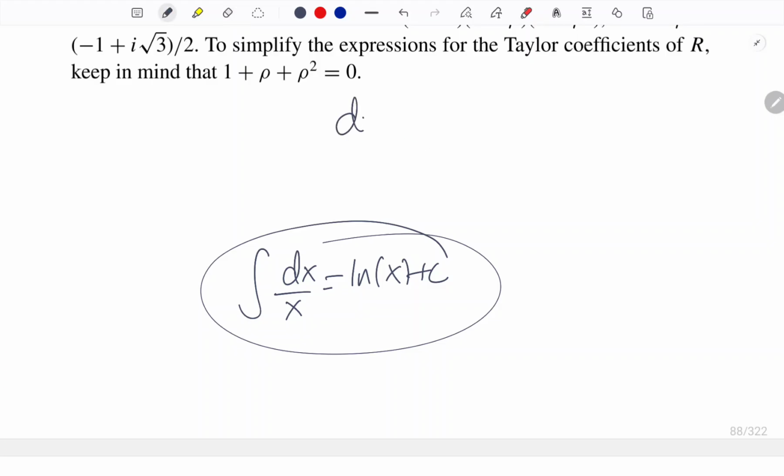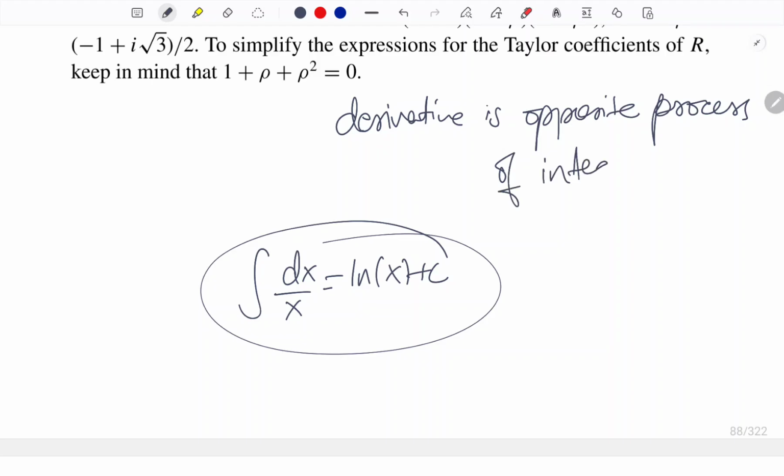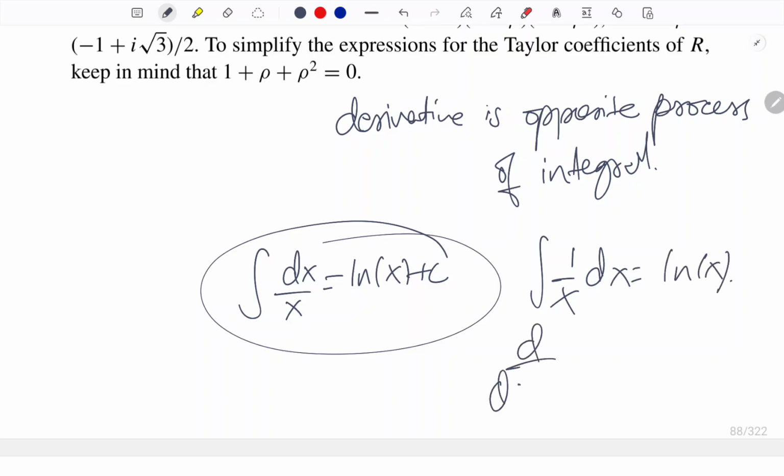Derivative is the opposite process of integral. So when the integral of 1 over x dx is ln of x, then the derivative of ln of x is 1 over x.